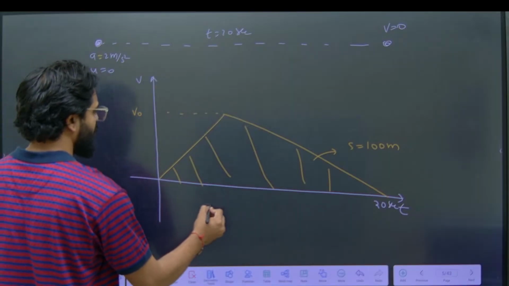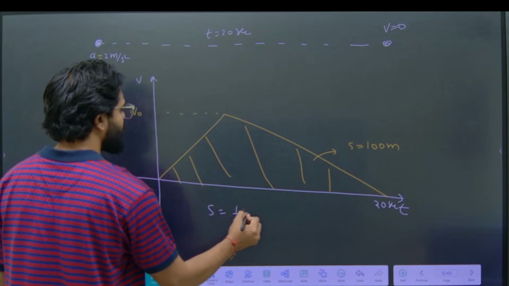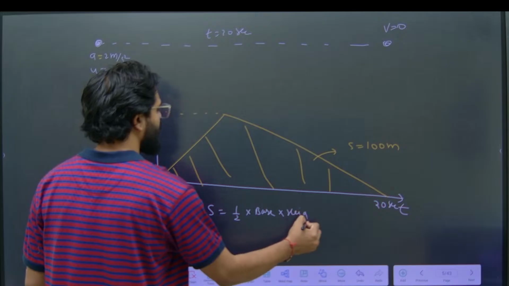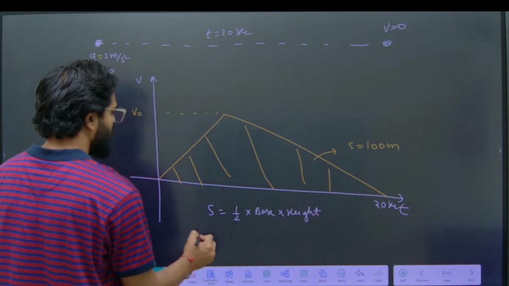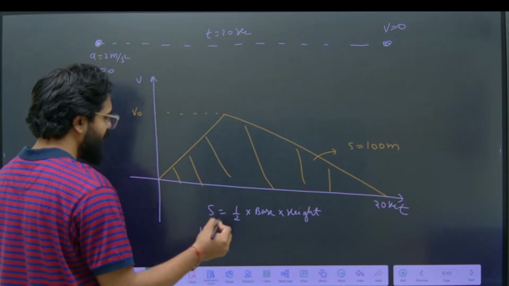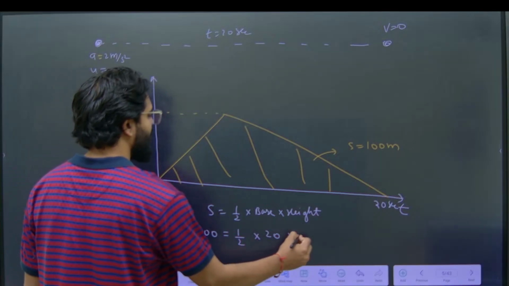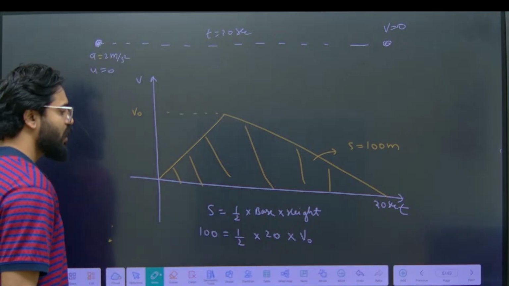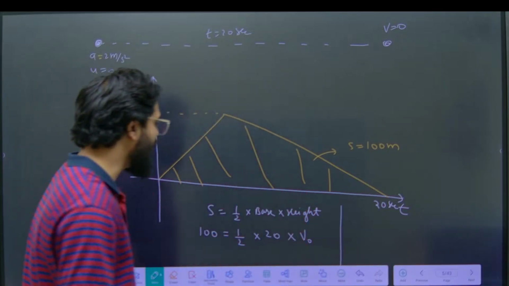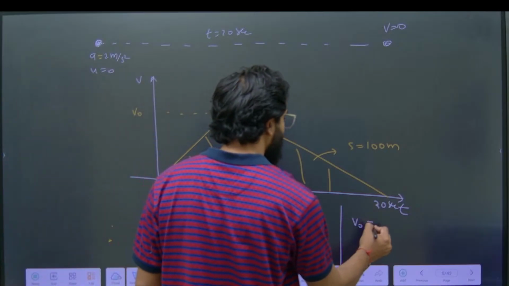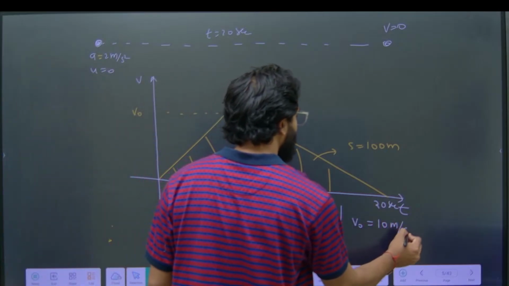S, which is half base into height. So 100 equals half into base, which is 20 seconds, and height is V0. So in one go we can say V0 is 10. So velocity is coming out as 10 meter per second.